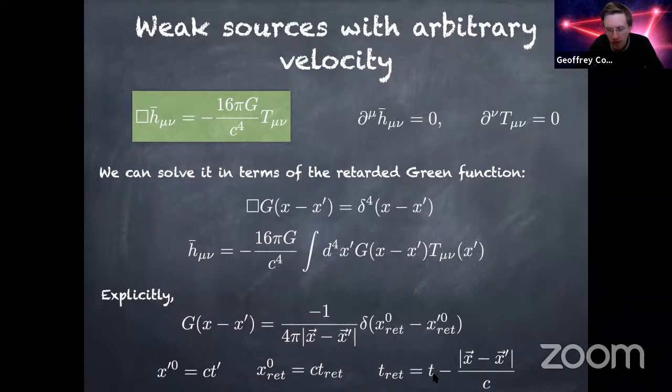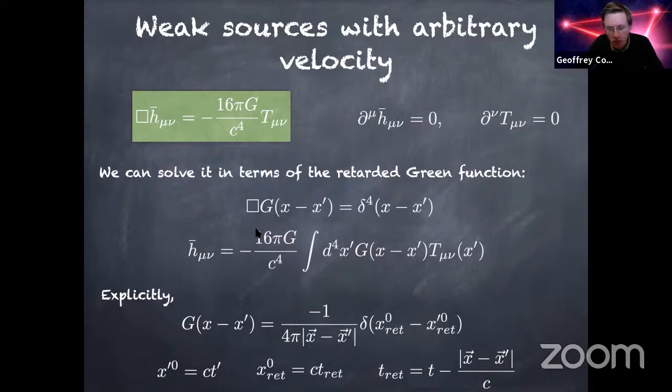The retarded time is t minus the spatial distance between x and x prime divided by c. And x0 is always c times the retarded time, so that you have a length. And x prime is the same with primes everywhere, with a prime on t.